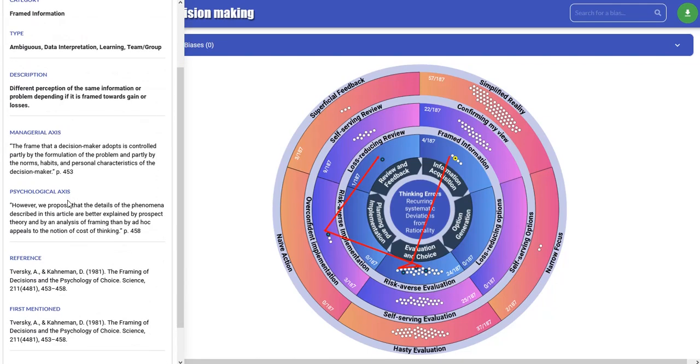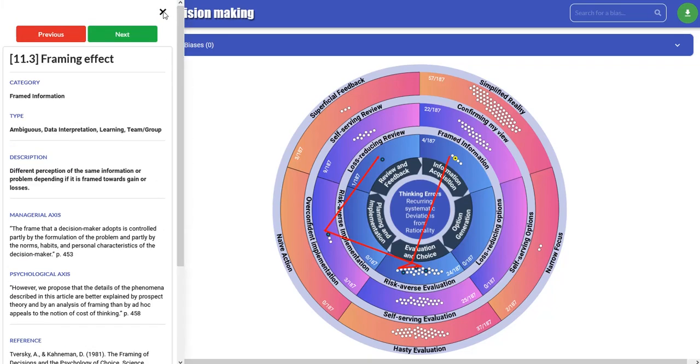And also, for those who are interested in the theoretical background of the classification, you find the source for the classification on the managerial axis, the when, and the source of the classification on the psychological axis, the why such a bias appears. The reference for these two sources is mentioned, and also when this bias was first mentioned in research literature.